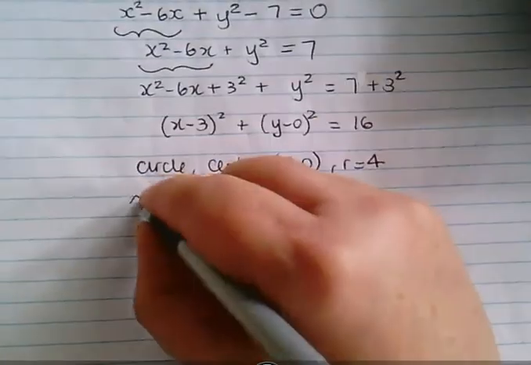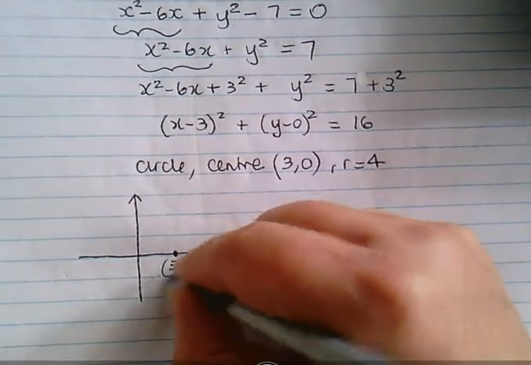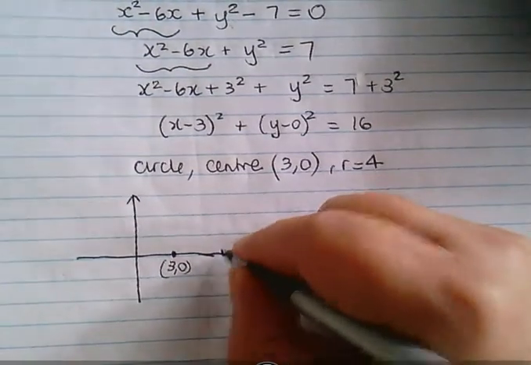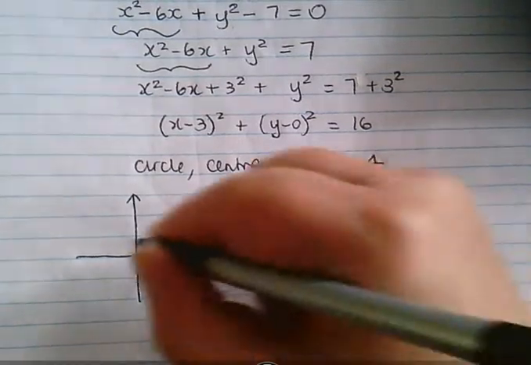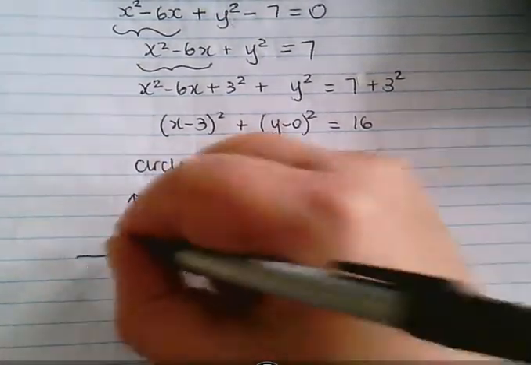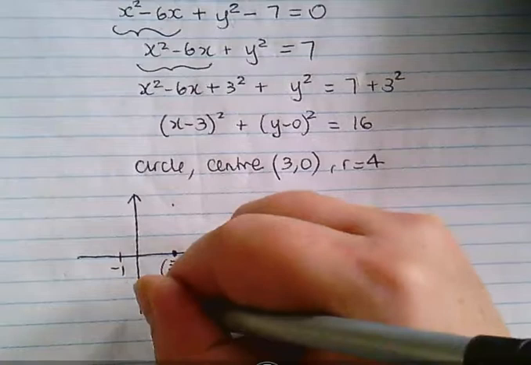Okay? And you can do a quick sketch. (3, 0) about there. And we're going to go up, down, left, right. So across, I can just put the number 7, and to the left, and up, and down, all 4 units.